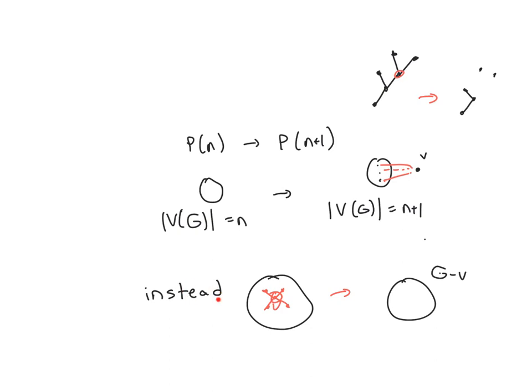Being able to do things this way gives us more control. We get to control which vertex we delete so that we can actually apply induction. In this other approach, if I started with this tree and I decide to add a vertex, well, how am I going to add it? There's no rule that says that I have to add the vertex with neighbors in such a way to ensure that it's a tree and has no cycles.